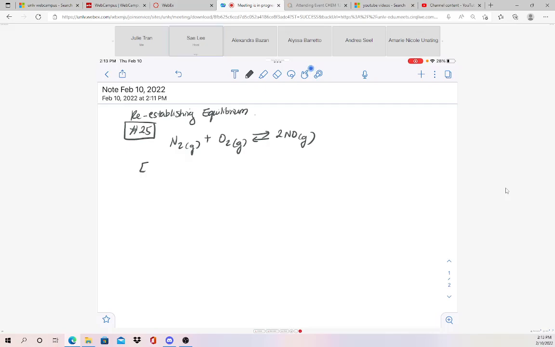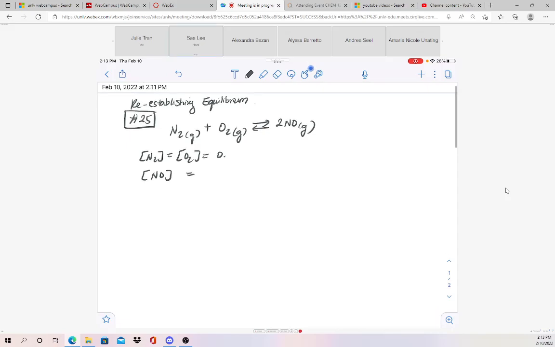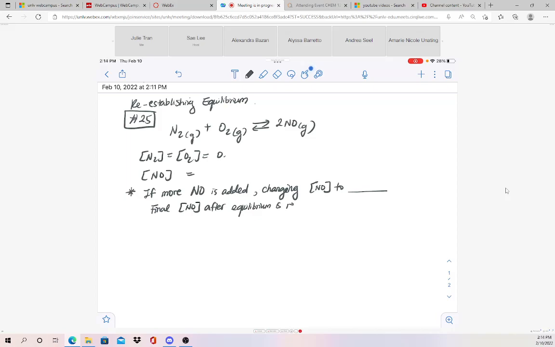And the concentrations were given. And this is a scenario where if more nitrogen oxide is added, changing the concentration to certain value, okay?